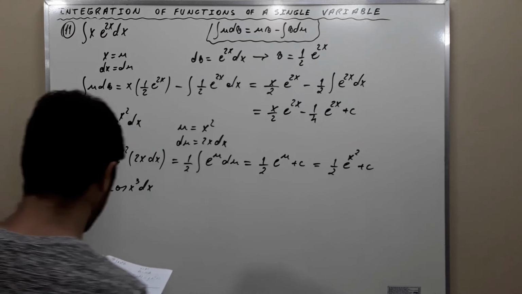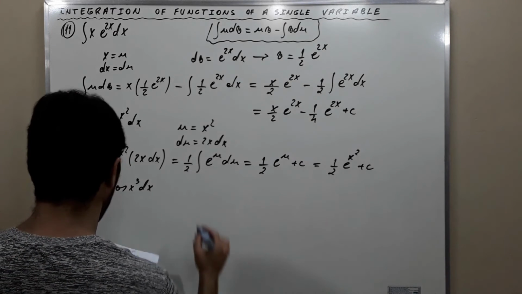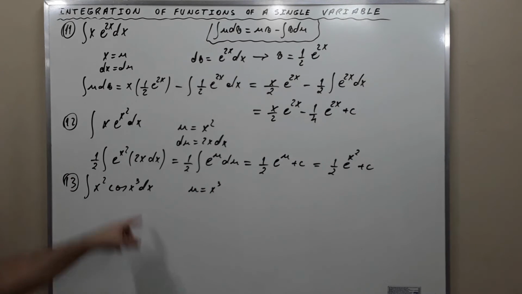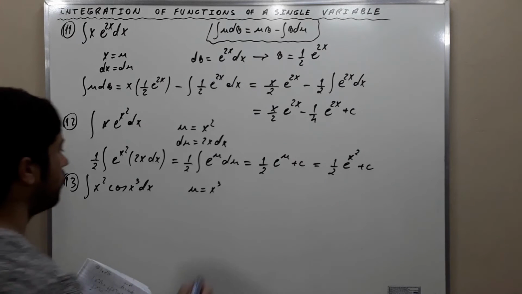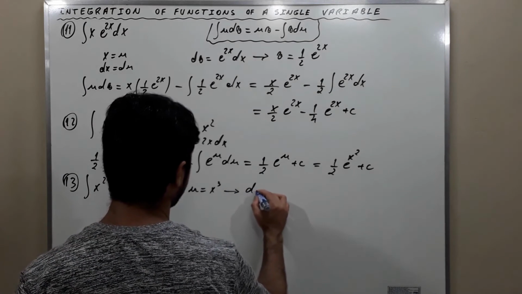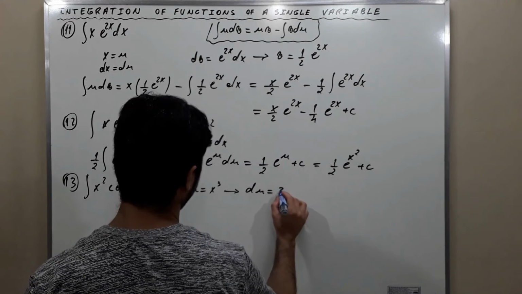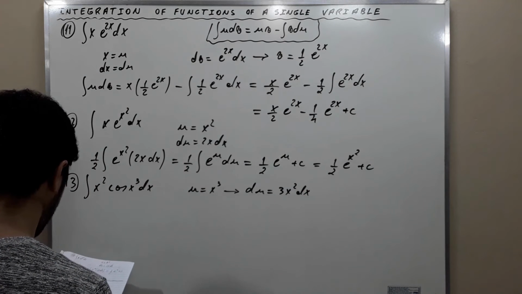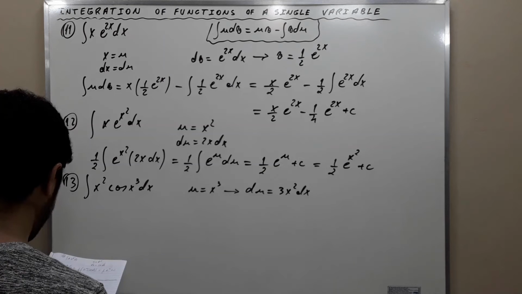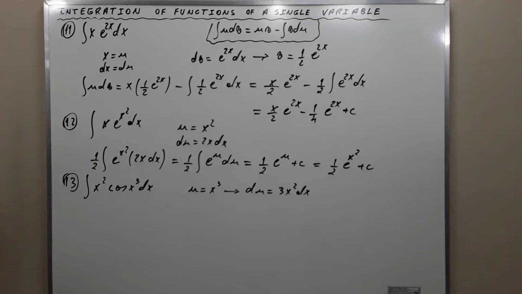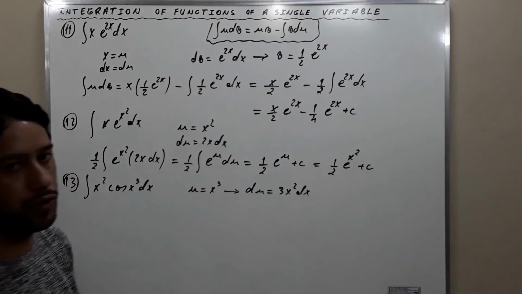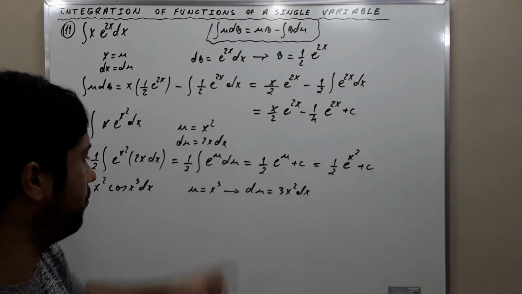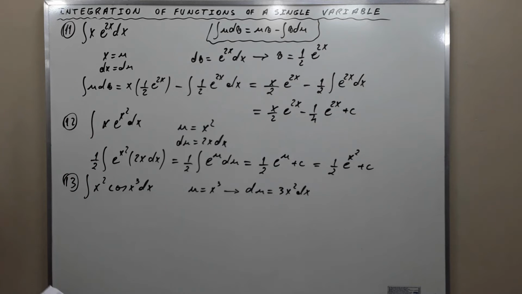We select that u is equal to x cubed, while du is 3 times x squared dx. No, sorry, I'm not going to use this technique here. We're going to use simple u-substitution. This is not that technique, sorry. It's simple u-substitution, as you're going to see.